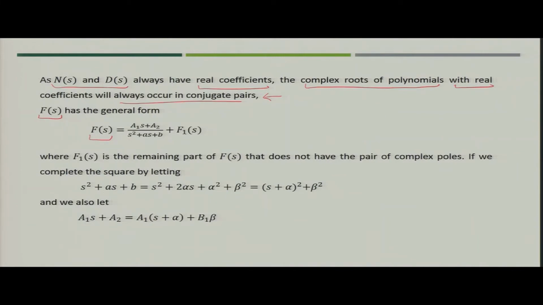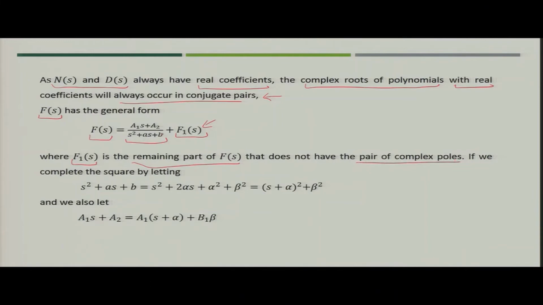The F(s) function you can decompose into two parts. First, you can represent the section where you have complex poles as (a1 s plus a2) divided by (s square plus a s plus b), plus F1(s) where you do not have any complex poles. So, F1(s) is the remaining part of F(s) which does not have a pair of complex poles.